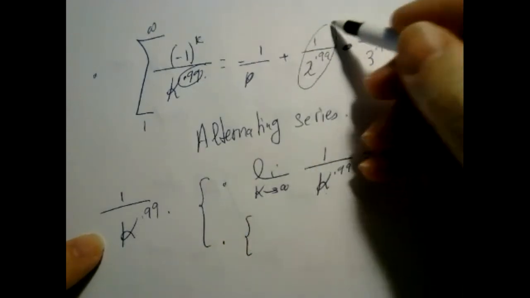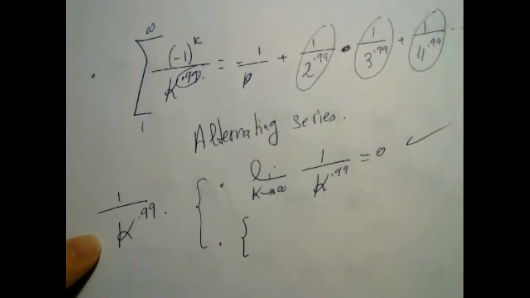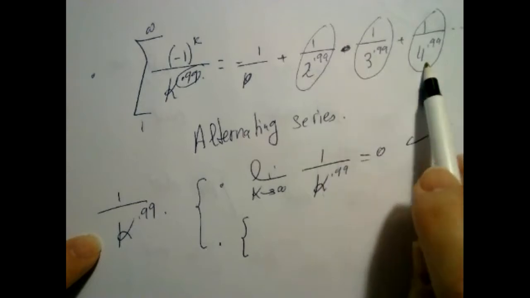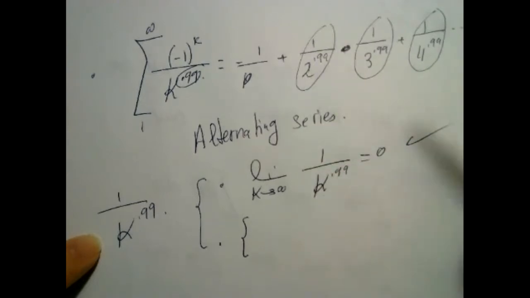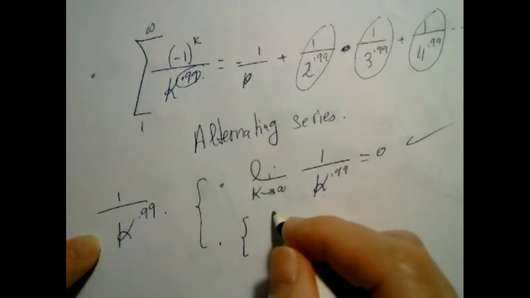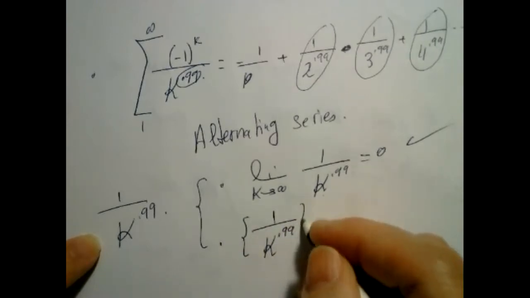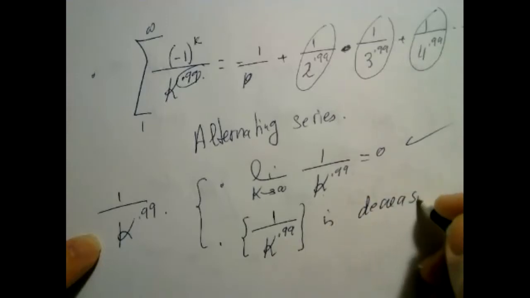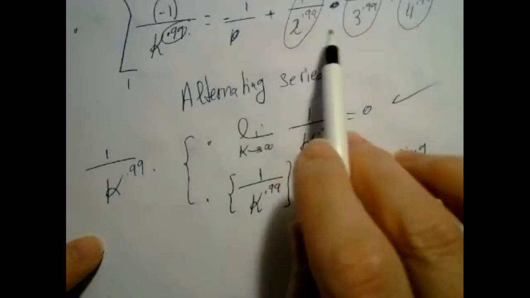Second, those terms are decreasing, because as k increases, the denominator increases, meaning 1/k^0.99 decreases. Again, that's an easy scenario of a decreasing sequence. So the sequence is decreasing at every term.